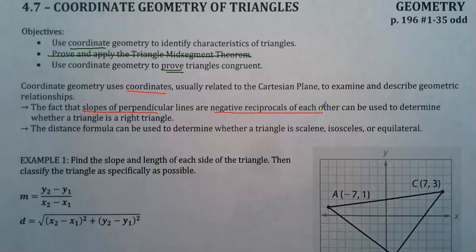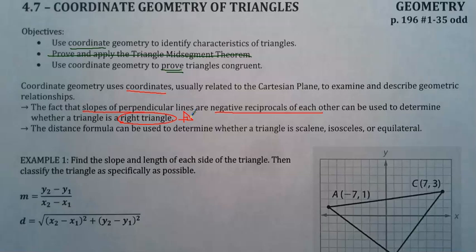It can be used to determine whether a triangle is a right triangle, because when perpendicular lines intersect, they make a right angle, and then you might have a right triangle in there.